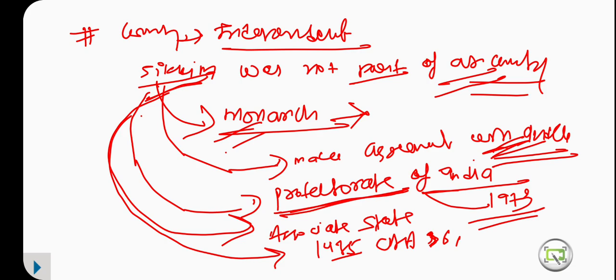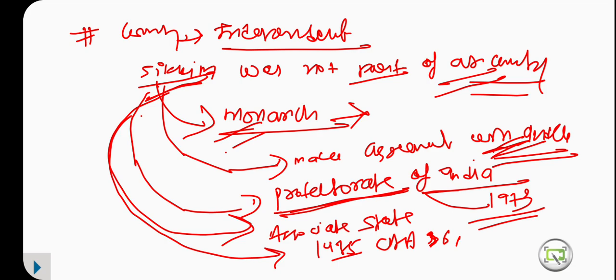Later, till 1975, Sikkim was the protectorate of India, and after that Sikkim became an associate state of India. Ultimately, in 1975, a Constitutional Amendment Act was passed by the Indian Parliament.